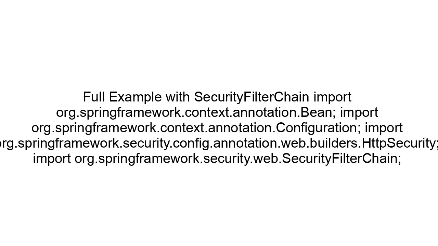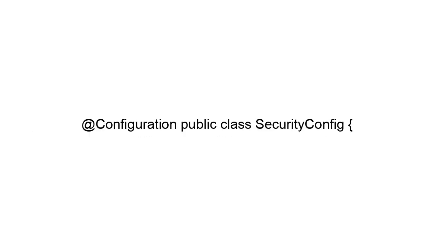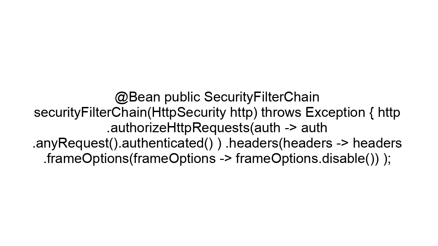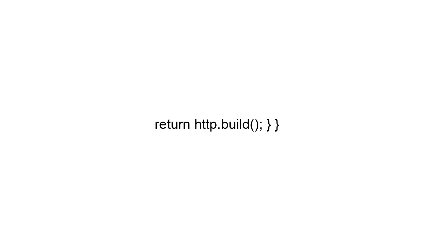Full example with security filter chain. Import org.springframework.context.annotation.Bean. Import org.springframework.context.annotation.Configuration. Import org.springframework.security.config.annotation.web.builders.HttpSecurity. Import org.springframework.security.web.SecurityFilterChain. @Configuration public class SecurityConfig, @Bean public SecurityFilterChain securityFilterChain(HttpSecurity http) throws Exception, http authorizeHttpRequests, any request authenticated, headers frameOptions disable, return http.build().